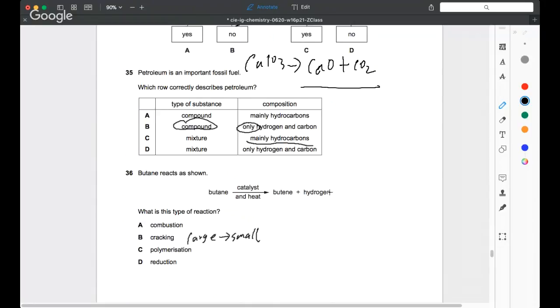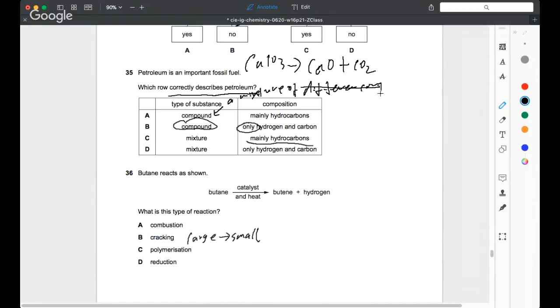Okay, number 35, which correctly describes petroleum. It is wrong because it's not a compound. It's a mixture of different compounds.